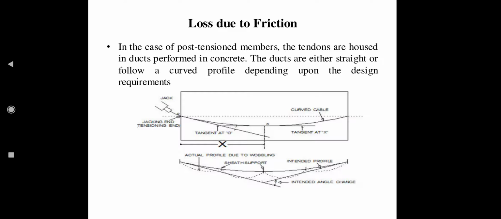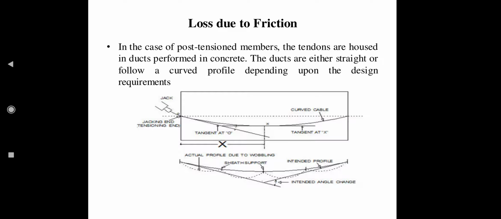And lastly, loss due to friction. This type of loss will also occur only in the post-tensioned members. Friction means contact between two different surfaces or between two different bodies. If I consider a pre-tensioned member, there the cable is tensioned first and then the concrete is placed.